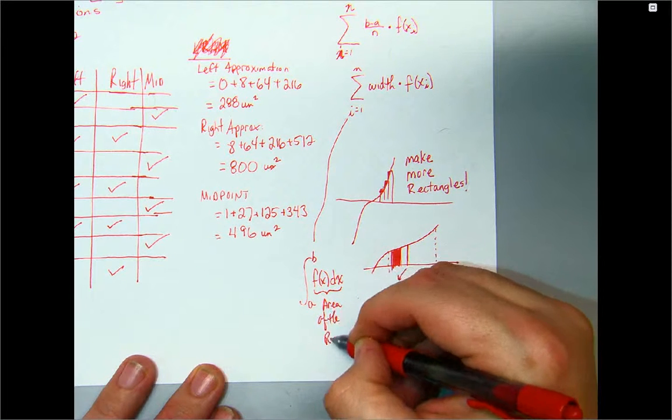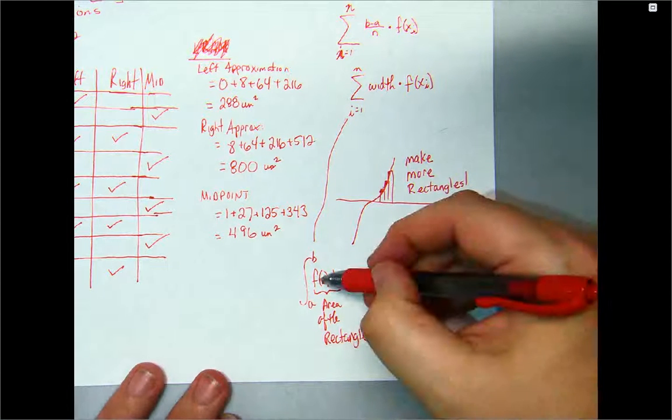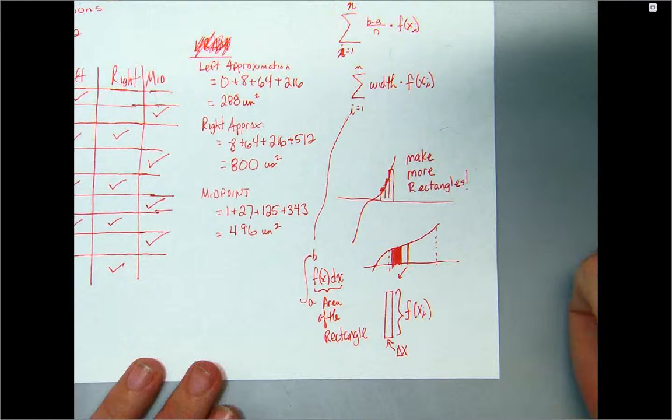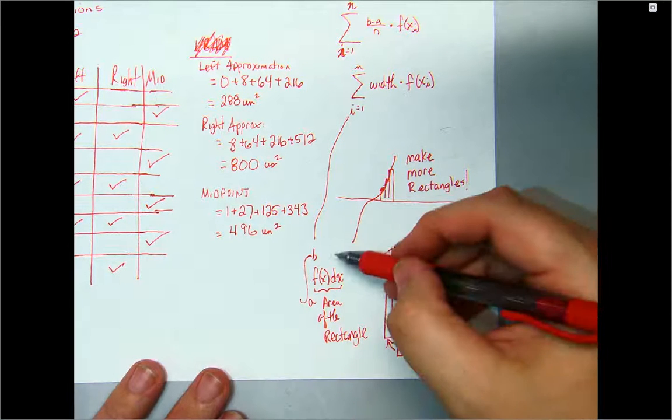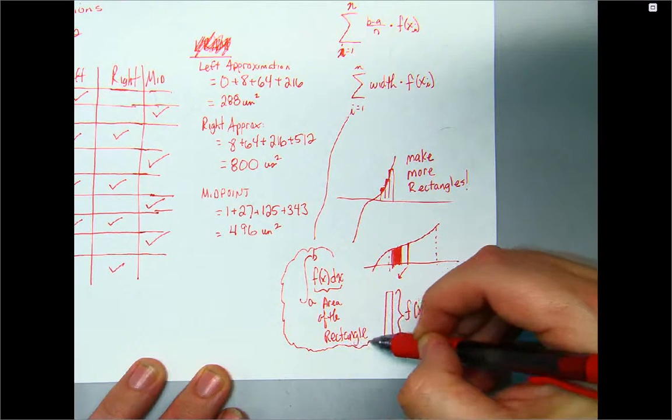That's the height, that's your width. This is where we're headed. But first we have to talk about approximation and using the left, right, and the midpoint approximations.